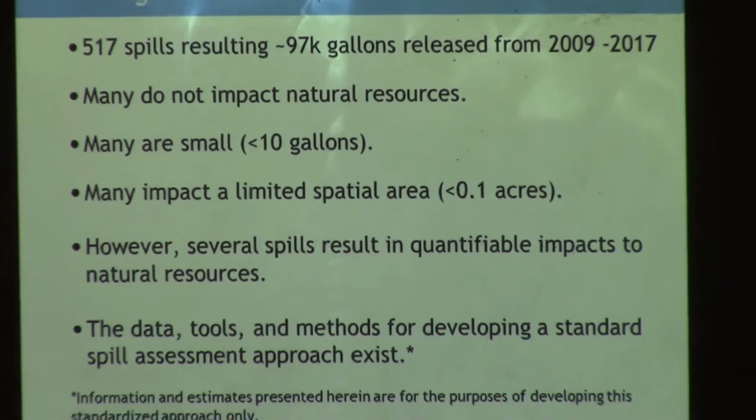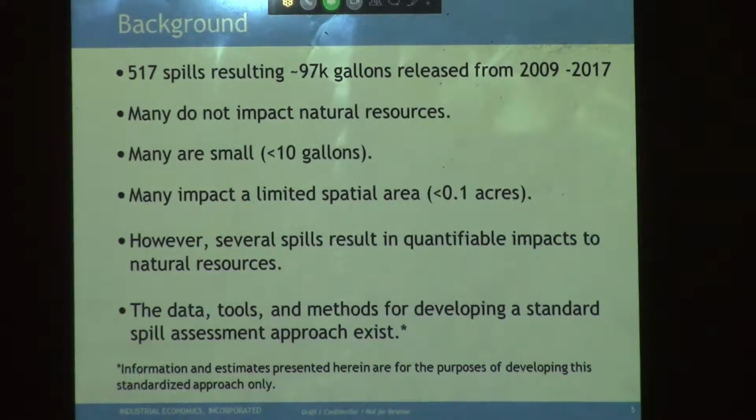And so we talked about the 517 and how we got there. Of the full suite of spills of 11,000, many of them do not impact natural resources. Many of them are small, less than 10 gallons. We also set in a limited area impacted, so if it impacted less than a tenth of an acre, it wasn't included in that 517 number.